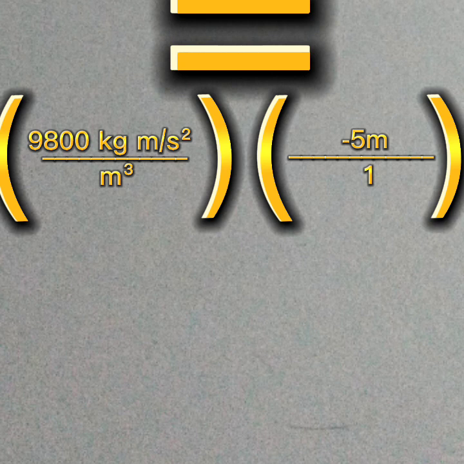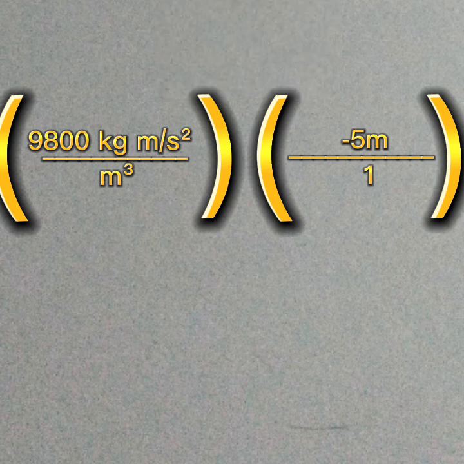Then we multiply this by negative 5 meters over 1. Negative 5 meters is the result of 5 meters minus 10 meters. So we multiply 9,800 by negative 5 meters, and the result is negative 49,000.